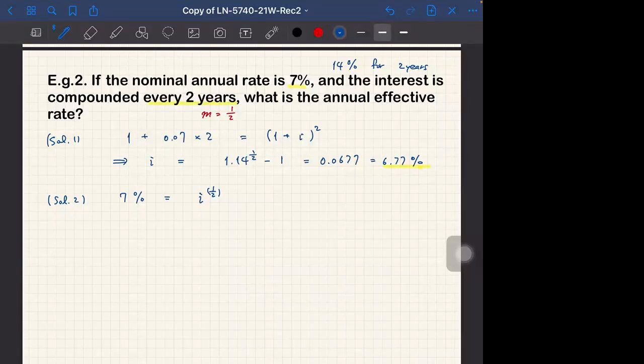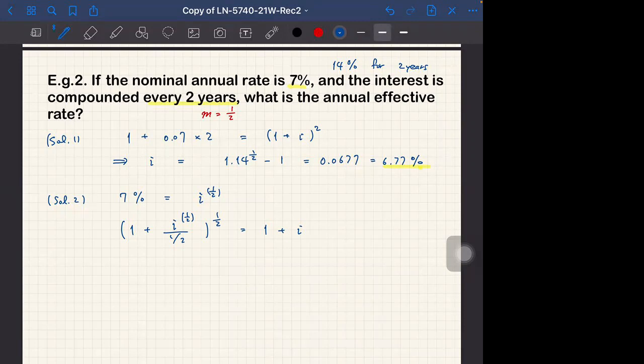In this case, (1 + i superscript 1/2 over 1/2) to the power m, but m is 1/2, so the 1/2 power, is 1 plus i, where i is the annual effective interest rate.